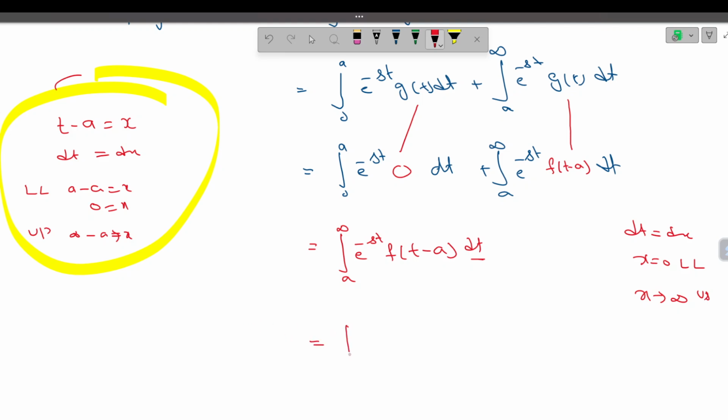Now our integration becomes: a becomes 0, infinity is infinity, e to the power of minus s times t, and t minus a is x, so f of x. dt has become dx, no problem here. Now what is our t? t equals a plus x, so in the place of t, you write a plus x.